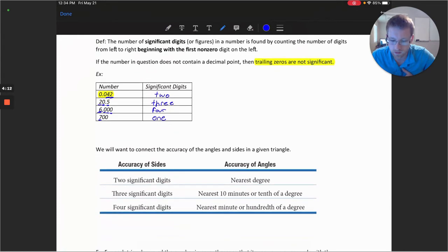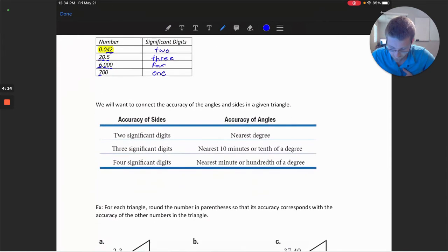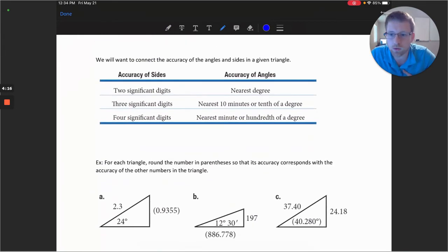Now let's consider how we would use significant figures in a triangle. So in terms of the accuracy of the sides and angles, these are the ways that we would want to round our value off to a specific significant value. So if our accuracy of sides is to 2 significant digits, then we would want to go to the nearest degree for our angle.